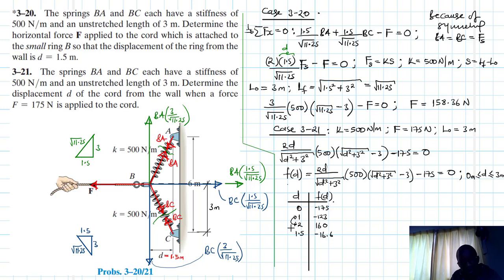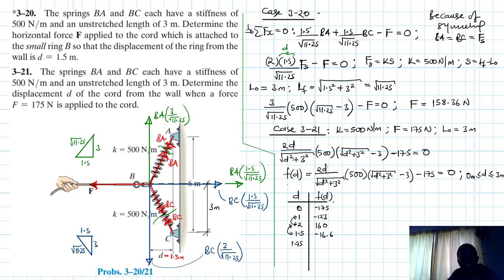So we can get again the average of the 2, that's 2 plus 1.5 divided by 2. So this becomes 1.75. So we plug it in, 1.75 squared plus 3 squared. This is 12.0625.